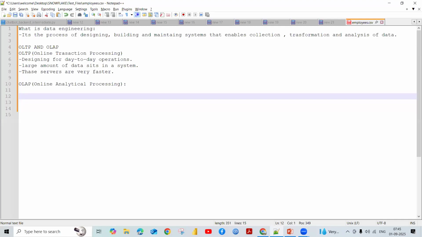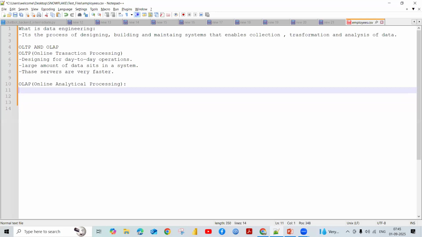These systems are designed as star schema or snowflake schema. Star schema and snowflake schema we'll discuss in detail in our course. This is mainly designed for analytics and reporting.